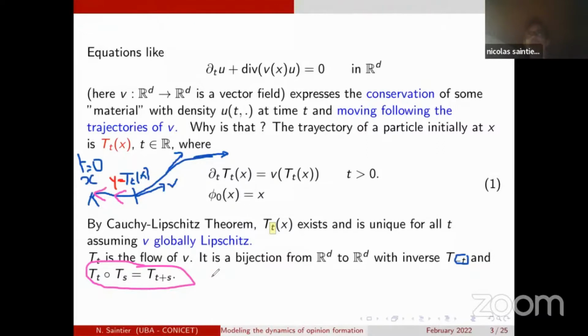You can move along for time s, and then when you arrive at Φ sub s of x, you forget what you did, reset the clock, and move along for time t, and you will arrive at the final position you would get if you had traveled in one shot for time t plus s.